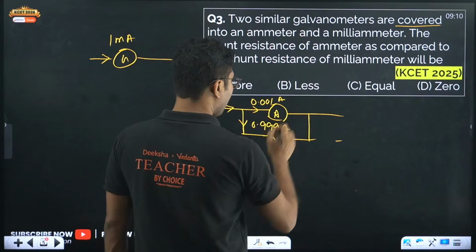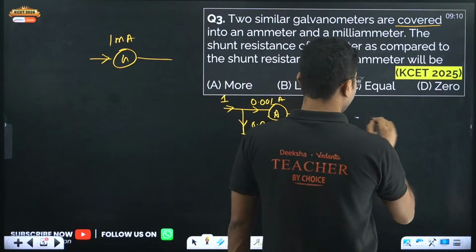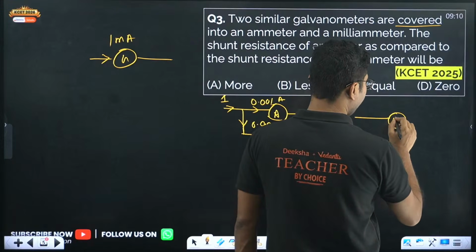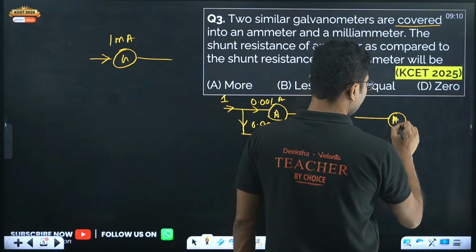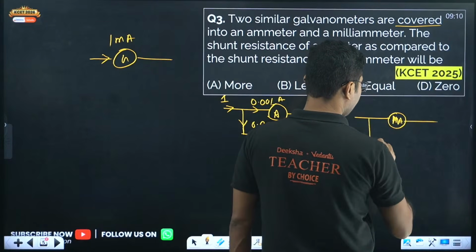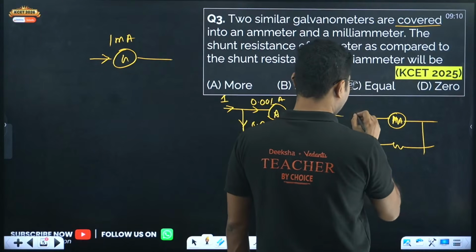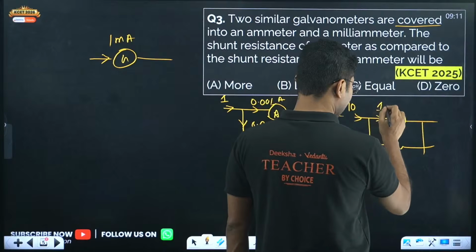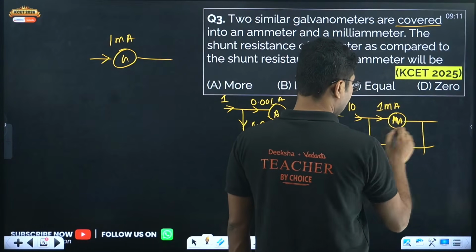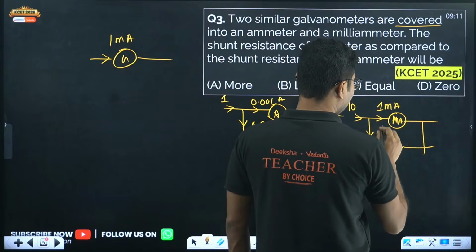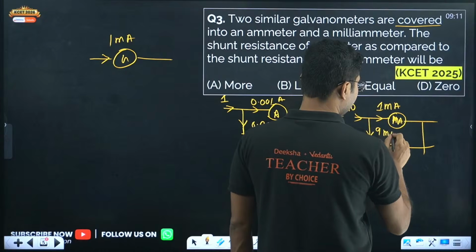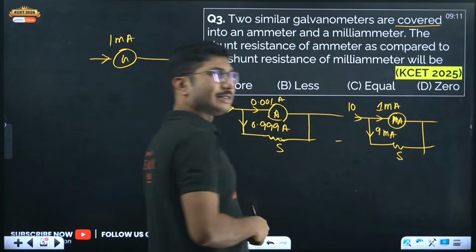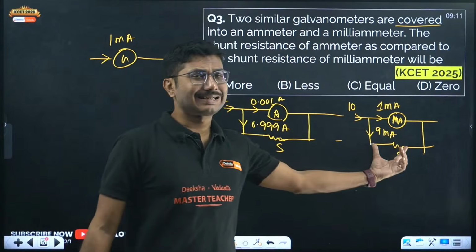Right, now what about the milliammeter? Obviously the same galvanometer is converted into a milliammeter. Now suppose we have 10 milliampere passing in the circuit. Only 1 milliampere is passing through the galvanometer, and the remaining 9 milliampere is passing through the shunt. So the shunt is basically handling much less current here.